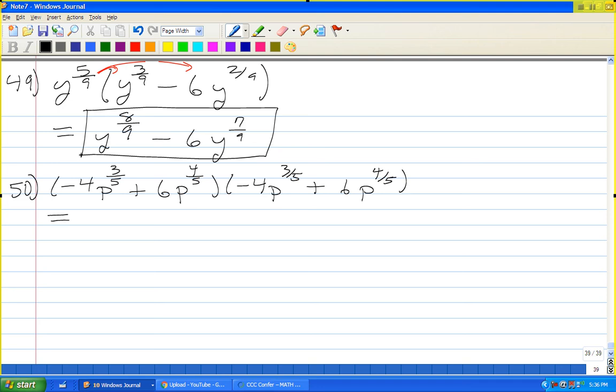Negative 4 times negative 4 is a positive 16. 2 times 3/5 is 6/5. 4 times negative 4 times 6 is 24 times 2 is 48. P to the 3/5 times p to the 4/5.